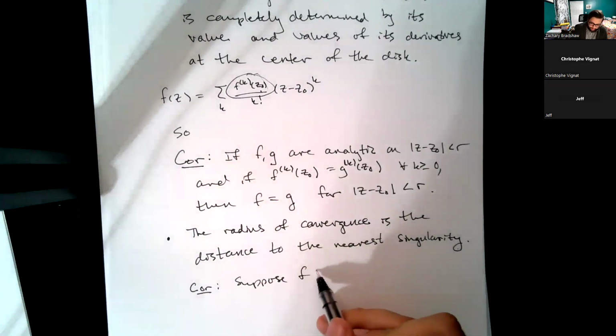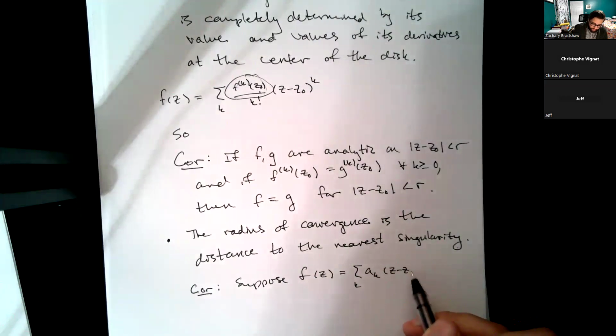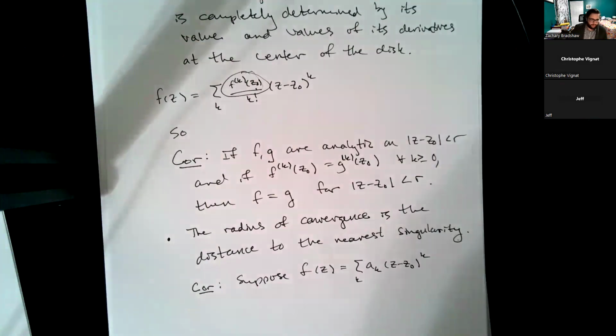Suppose f is analytic. That means it can be written as a power series. Yeah, by the way, you remember we defined analytic as meaning a function which is complex differentiable and which has a continuous derivative, and that last assumption turned out to be redundant by Goursat's theorem.